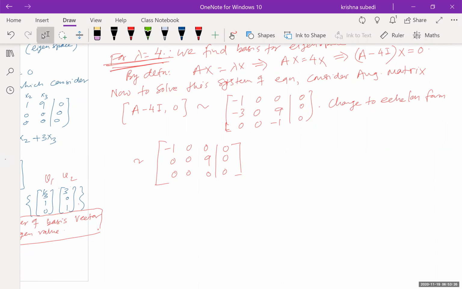Yes, Professor. Or you can write this one if you like: instead of 9, you can take 9 common and write 1. No problem. Okay, so let us write the general solution then.